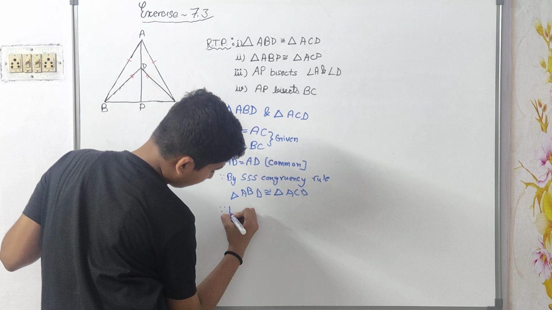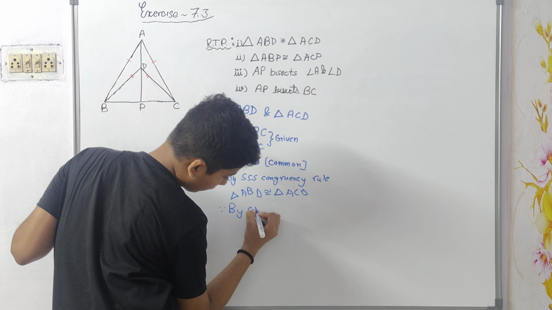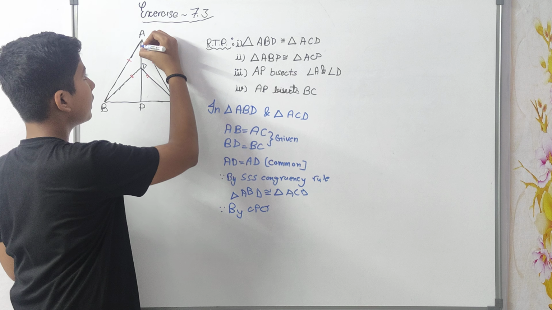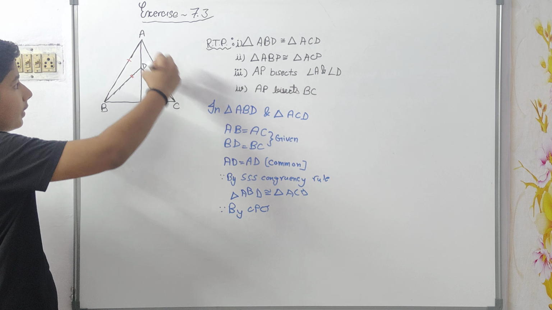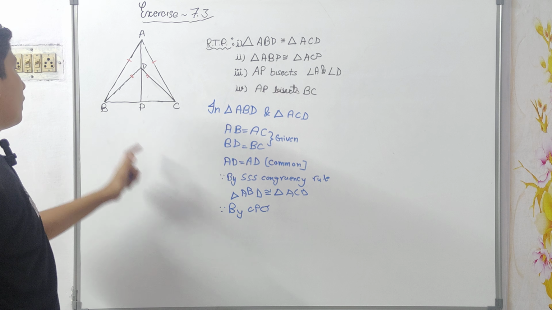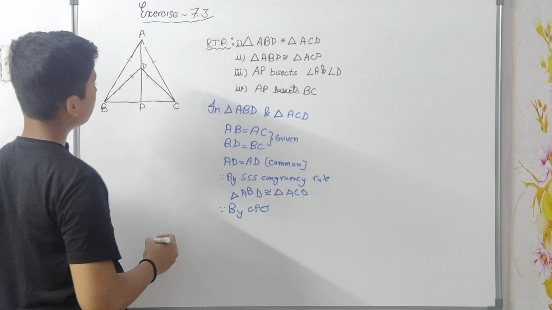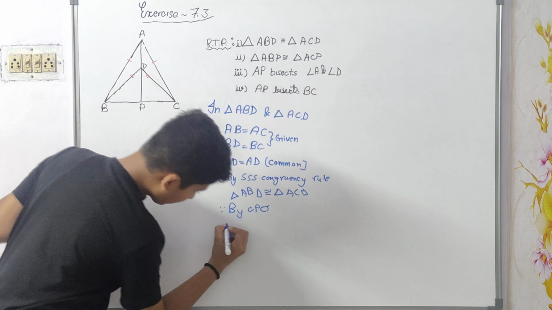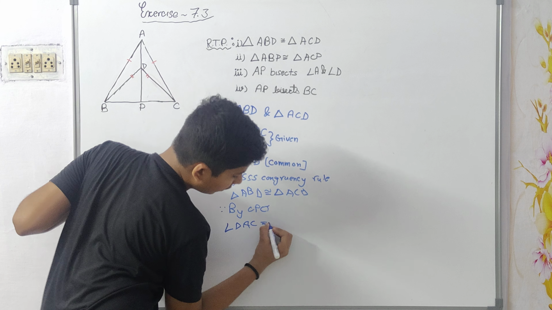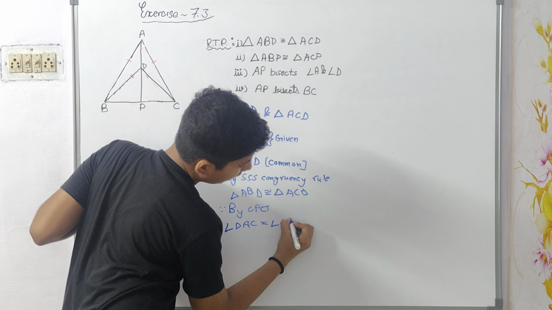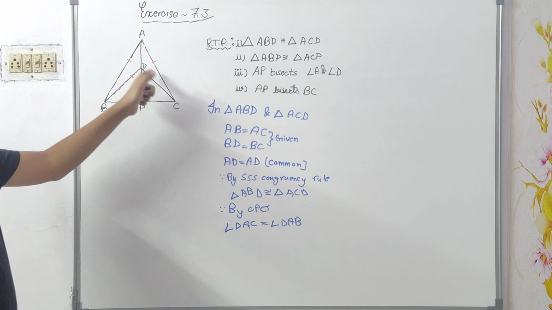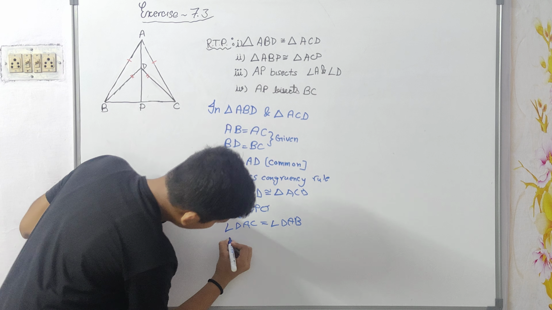And now we write by CPCT. We'll use CPCT over here. So we'll prove that angle DAC equals to angle BAD. Means angle DAC equal to angle DAB, and also we will write angle BDA equals to angle CDA.